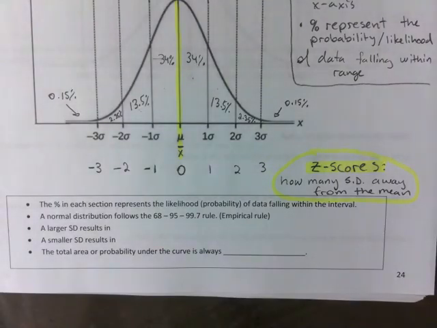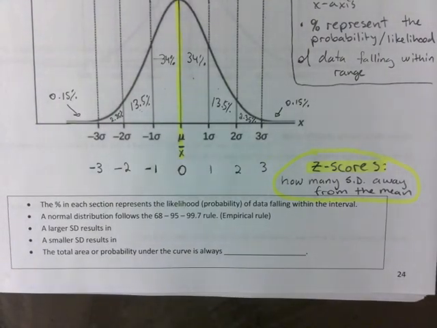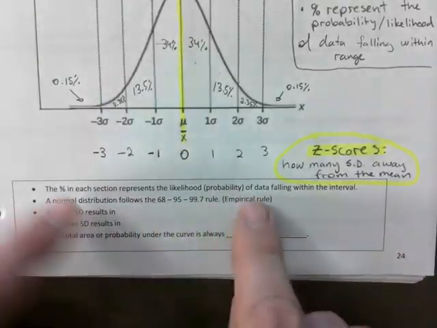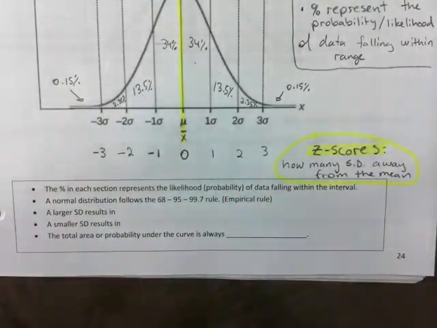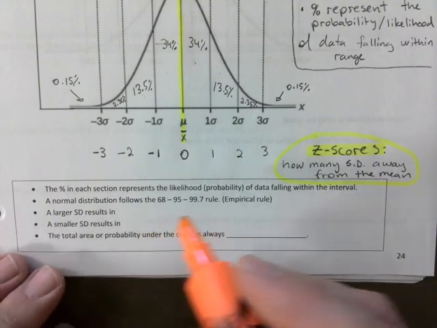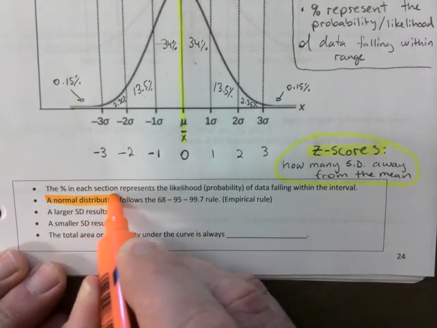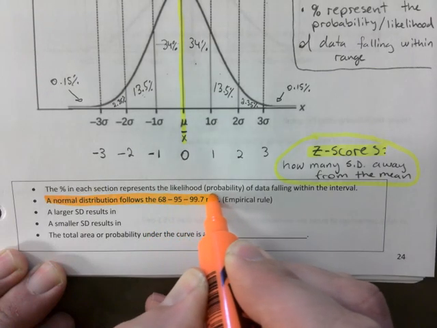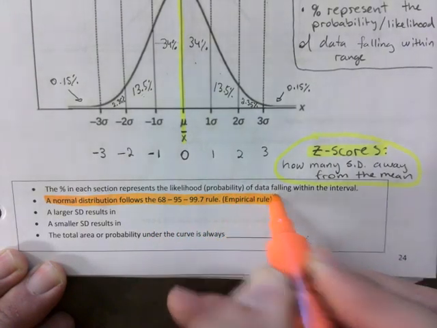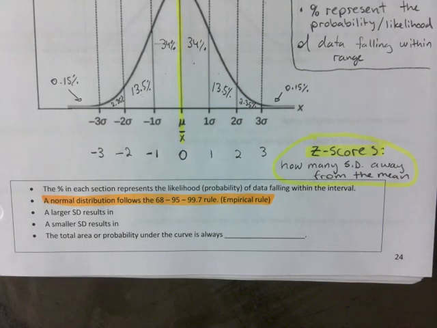I need to highlight a few things here. Different color for this one. A normal distribution follows the 68, 95, 99.7 rule, which is called the empirical rule. Okay? In bio, a lot of things follow normal distribution.